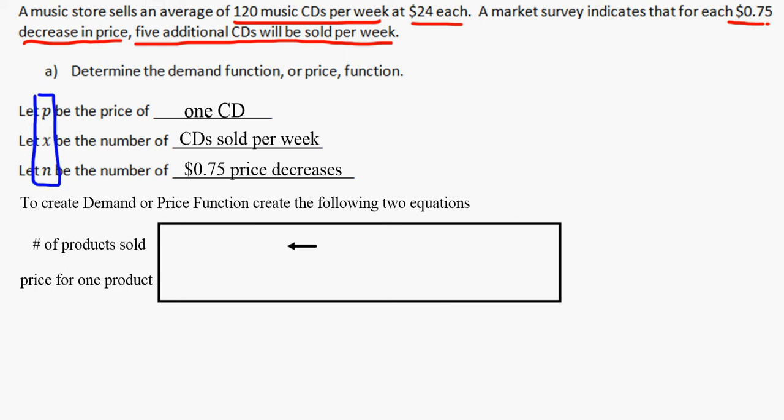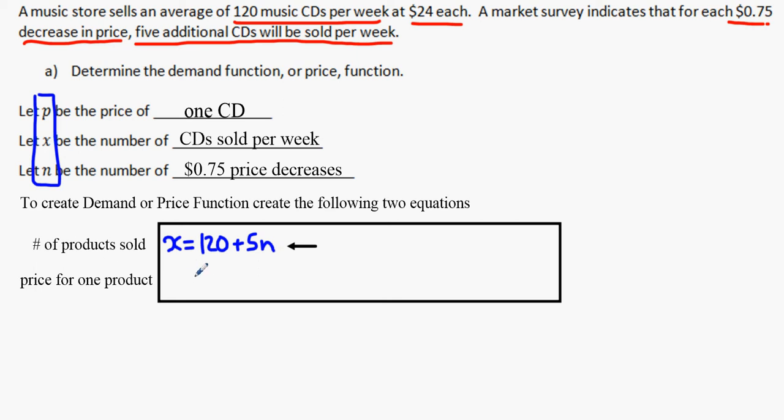So what we're going to do first is start with 2 equations. We're going to do the number of products sold. So the number of products sold will be X is equal to 120 CDs per week, but we're going to sell 5 more for every price decrease, so plus 5n.